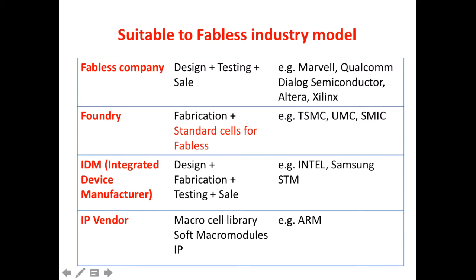Okay. So as I mentioned, ARM is probably the most important IP vendor. There are also other IP vendors that, for example, sell specific input-output interfaces. That is quite common. Or specific memory modules. That is also quite common.